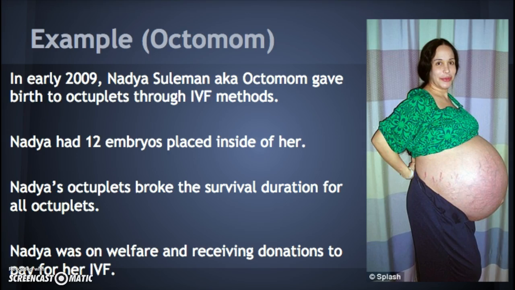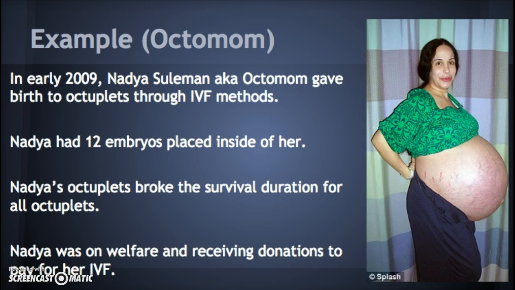An example of somebody who actually used this technique is the lady known as Octomom, also known as Nadya Suleman, who gave birth to octuplets, or eight children at once, through IVF methods. She actually had 12 separate embryos placed inside her uterus, and all of them were attempted to become babies.